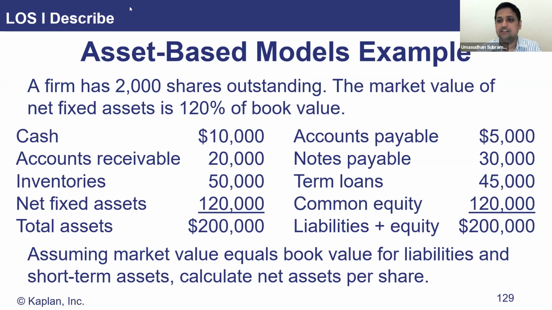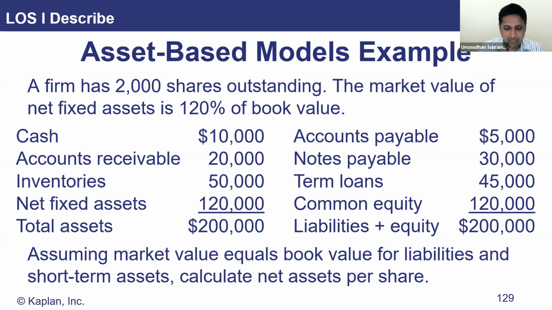But now there is a fair value adjustment coming into the picture. They are saying that for these fixed assets, the actual value is 20% more. So you take 120,000, and the actual value of the fixed asset is 120,000 times 1.2. How much is that going to be?